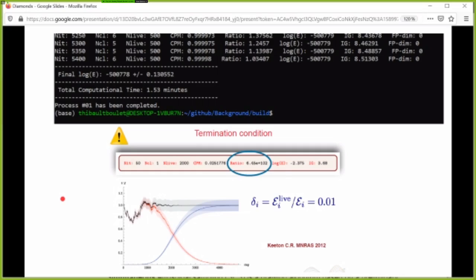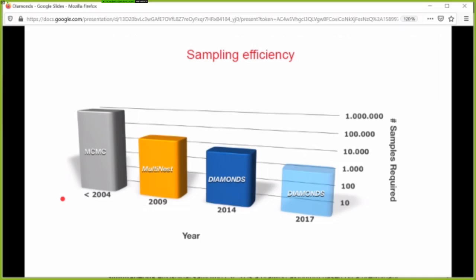So basically, I will finish on the sampling efficiencies. Before 2004, the Monte Carlo methods used for sampling a parameter space to do integrations required around 1 million samples.